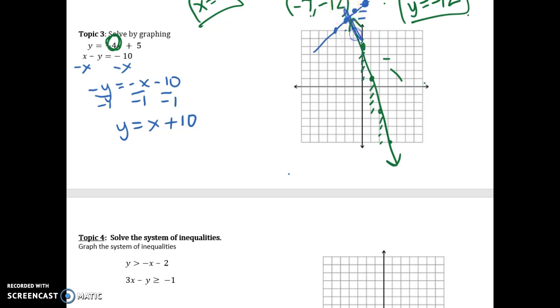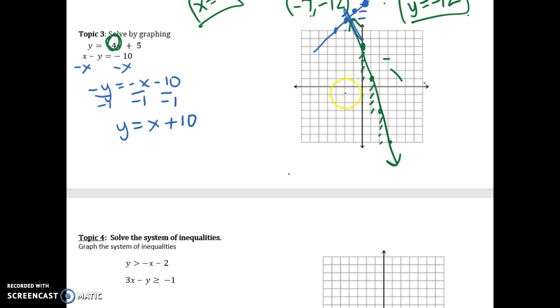So it appears that these two graphs cross off my grid, which is perfectly fine and perfectly normal. It happens all the time. It appears that the two graphs cross at, I'm going to have to do a little bit of estimating here.